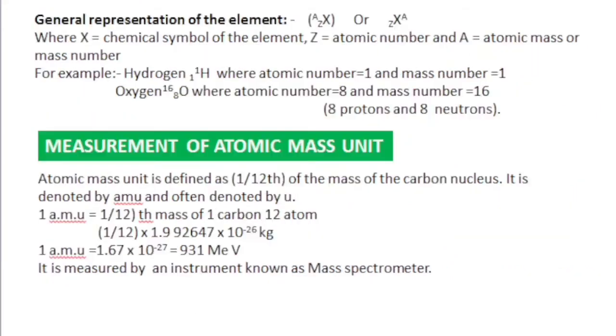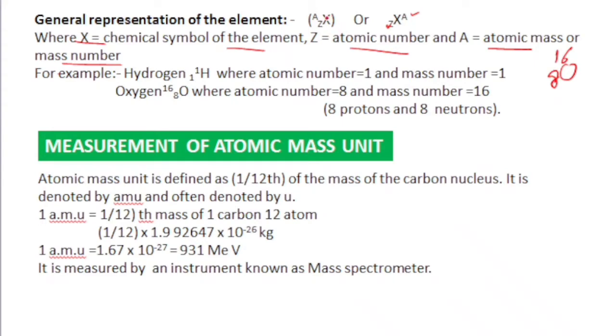Now next is the general representation of the element. It is represented as X with Z below and A above, that is, the symbol X with subscript Z and superscript A. What is this? X is the symbol of any element, Z is the atomic number, A is the atomic mass or mass number. For example, oxygen has atomic number 8 and mass number 16, so you represent it as O, 8, 16.